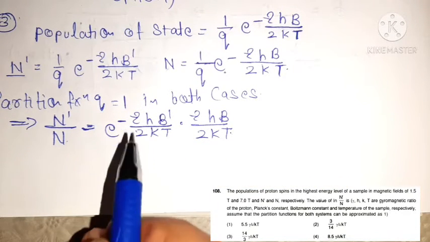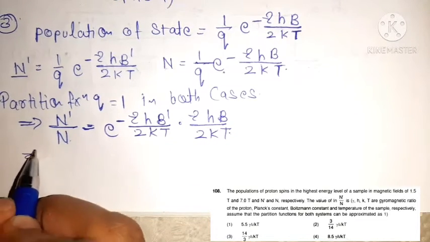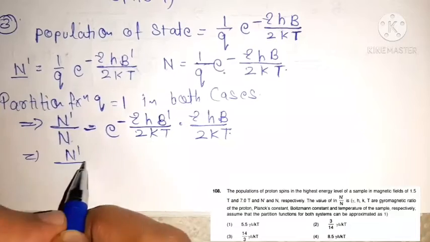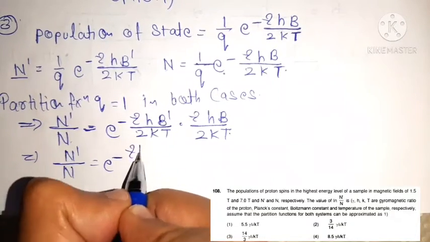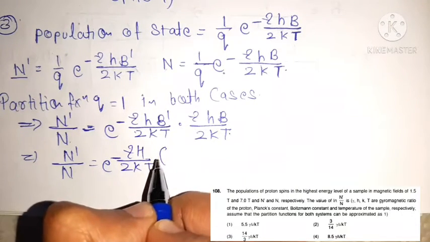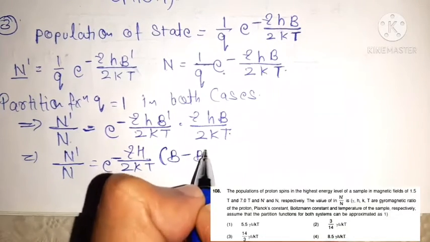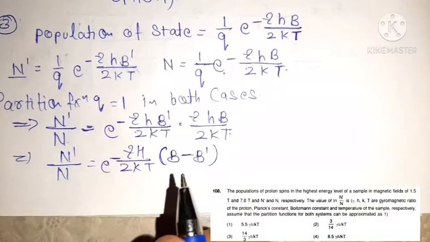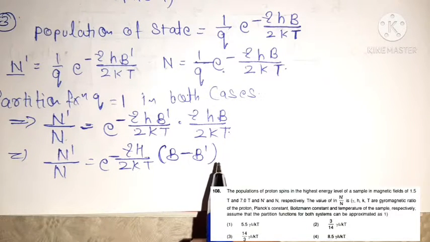Now here you clearly see that gamma h upon 2 kT is a constant term. So n dash upon n is equal to e to the power minus gamma h upon 2 kT into B minus B dash. Because this is a minus term, so B minus B dash. Understand? This is a very simple calculation, friends.